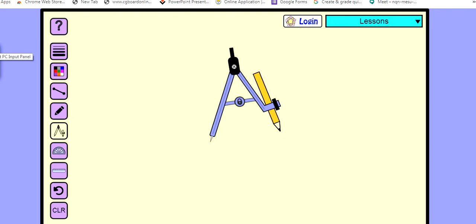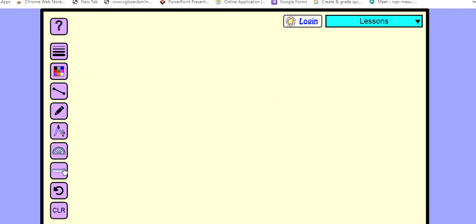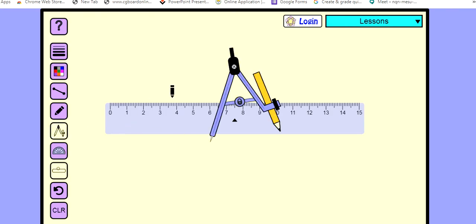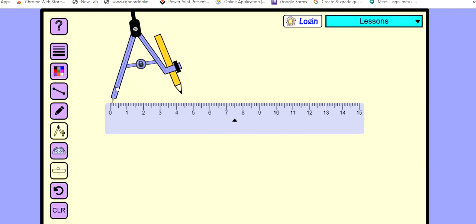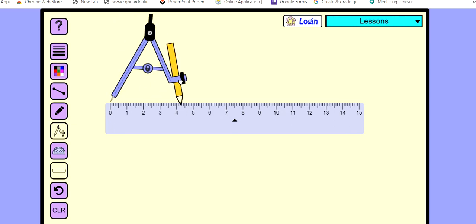Okay, so question number 2. Draw a circle of radius 4.2 centimeter. Just take your scale and measure radius 4.2. As you can see, this is 4.2 near about.